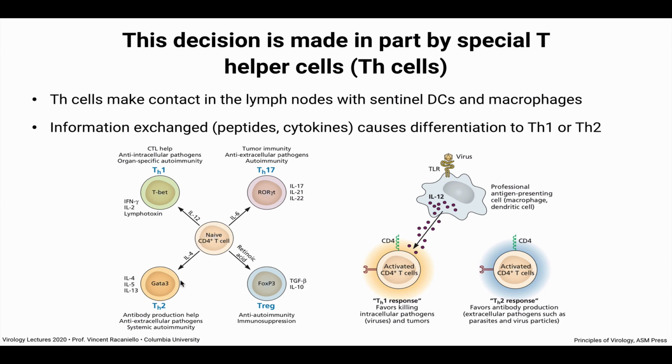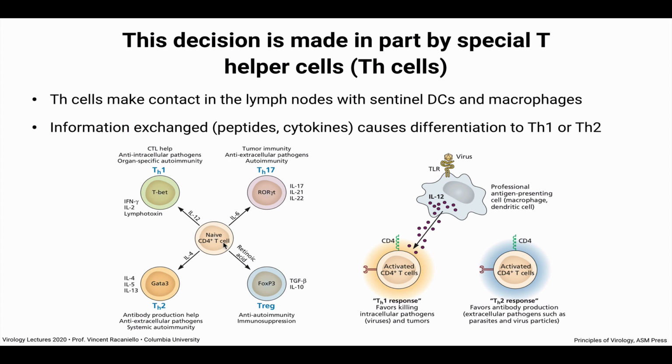In this differentiation, we're showing 4 kinds of T helper cells here: Th1, Th2, Th17, and Tregs. For our purposes today, we're going to mainly look at Th1 and Th2. The cytokines produced by the sentinel cells are what drive these differentiations into different kinds.